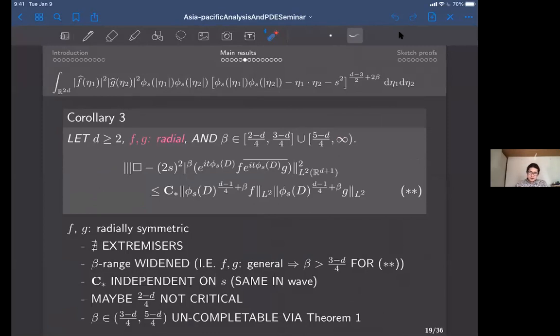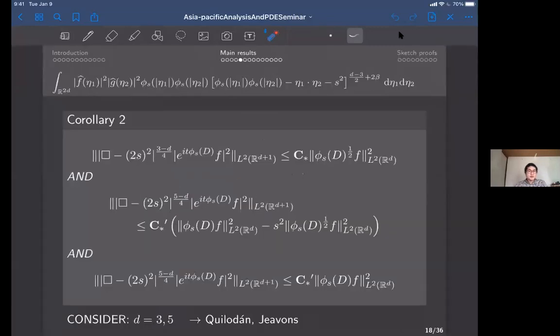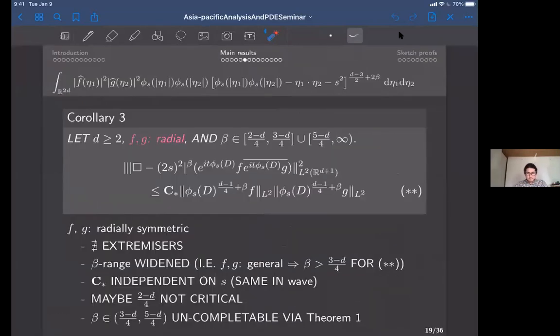So let's assume f and g are radial, then you have this Strichartz estimate for rather general beta. The remarks are, there is no extremizer for this inequality. And I forgot to mention, but these three don't have extremizers neither, unlike wave.